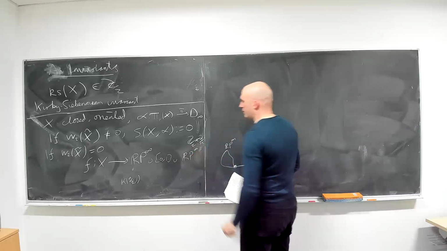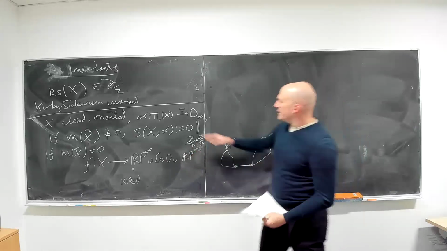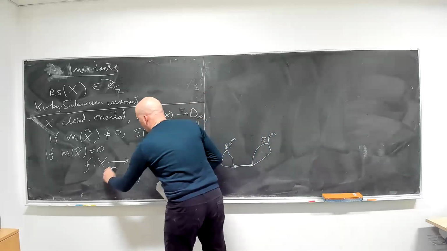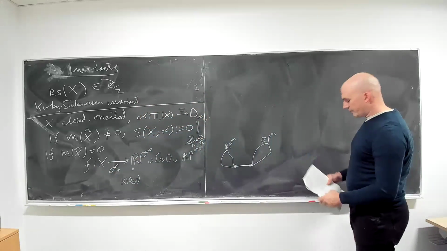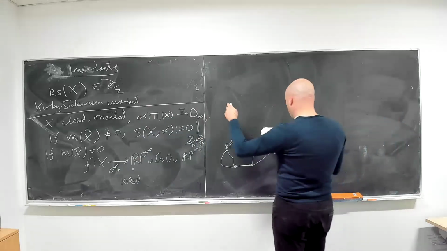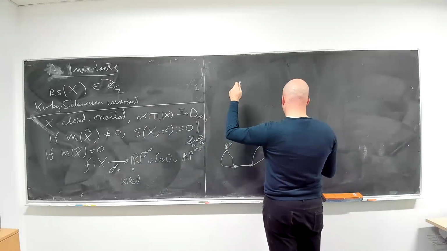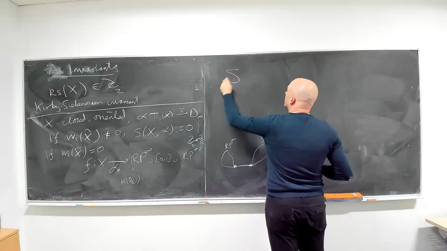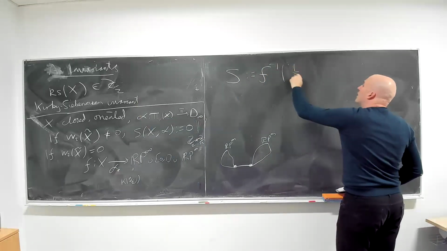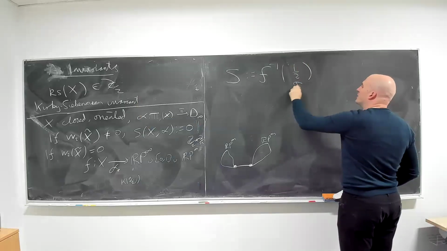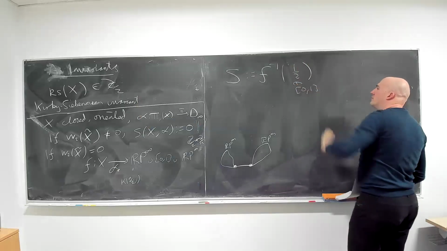And so this map alpha determines a map to this space. And then I'm going to define S to be the inverse image of a half. A half lives in the interval [0,1], of course.